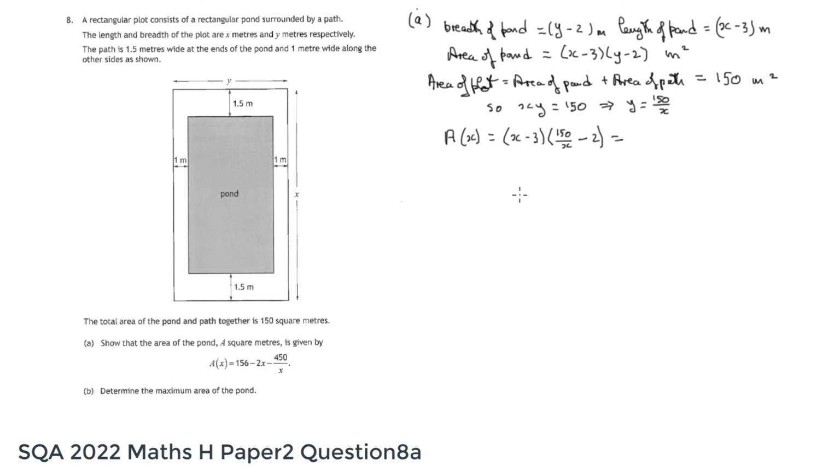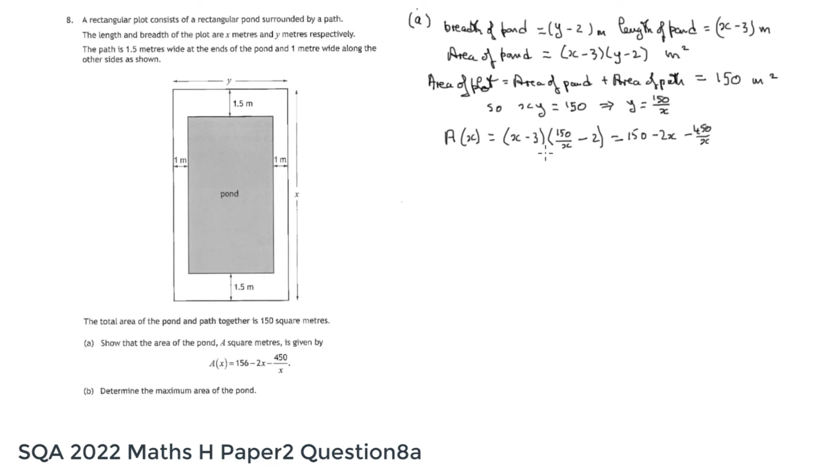Let's work that out. The first, x times 150 over x, the x's cancel, we're left with 150. The outside 2, minus 2x. The inside 2, that's minus 3 lots of 150 over x, that's minus 450 over x.